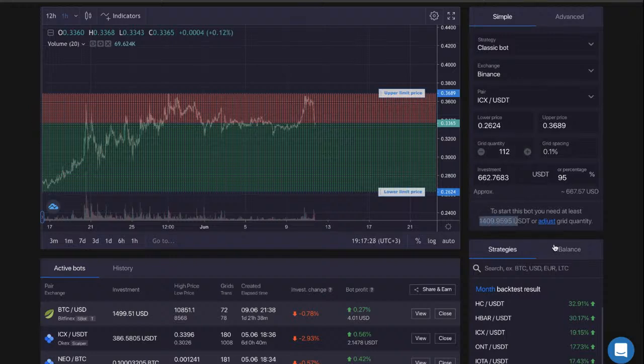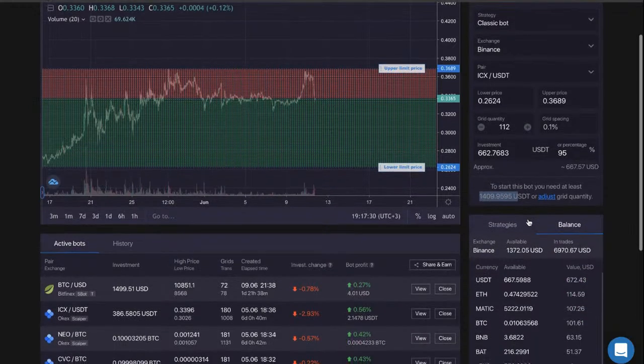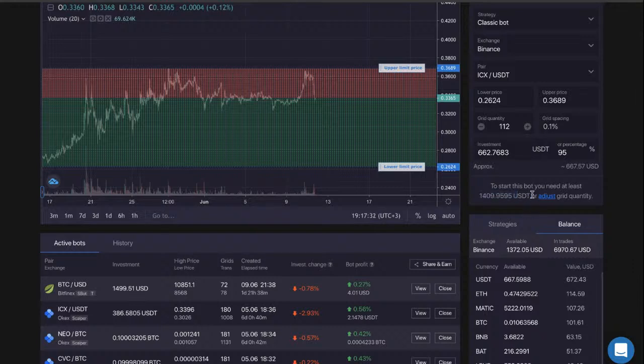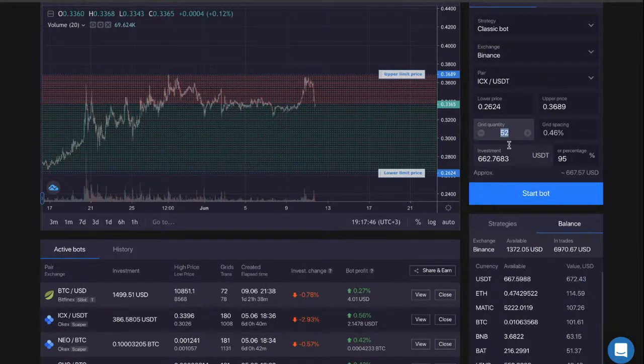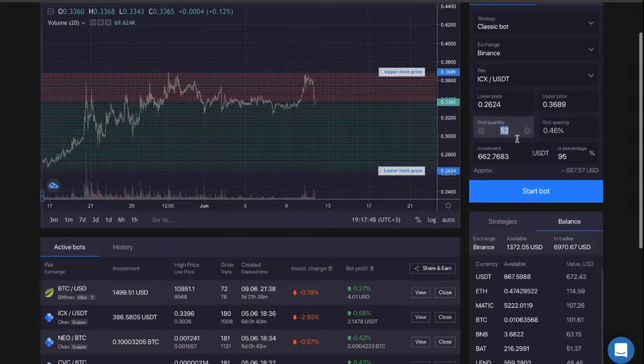If I don't have that much money on my account right now, and as you can clearly see on my balance, I only have 672 USD available. So that means that I should click on the adjust. Now I have my grid levels reduced to 52, but now I'm able to initiate the bot with my available USDT.